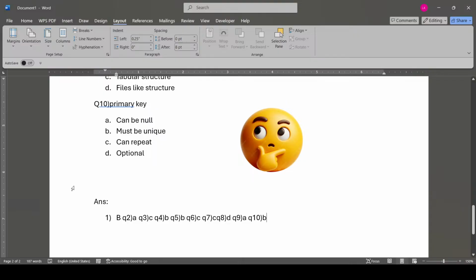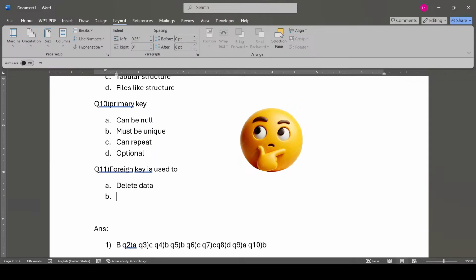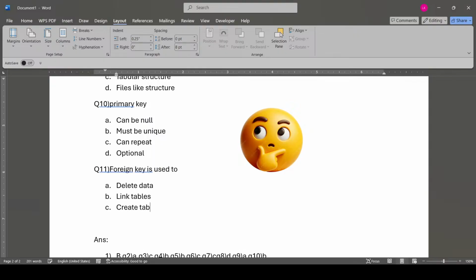Now going to write the next question for you. Question number 11. Next is foreign key. A foreign key is used to: the answers are here. First is delete data. Next is link tables. Next is create tables. Next is update tables.